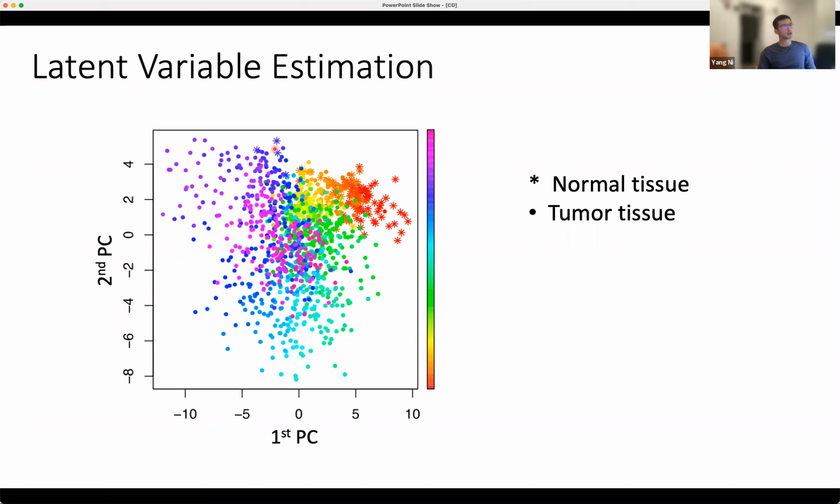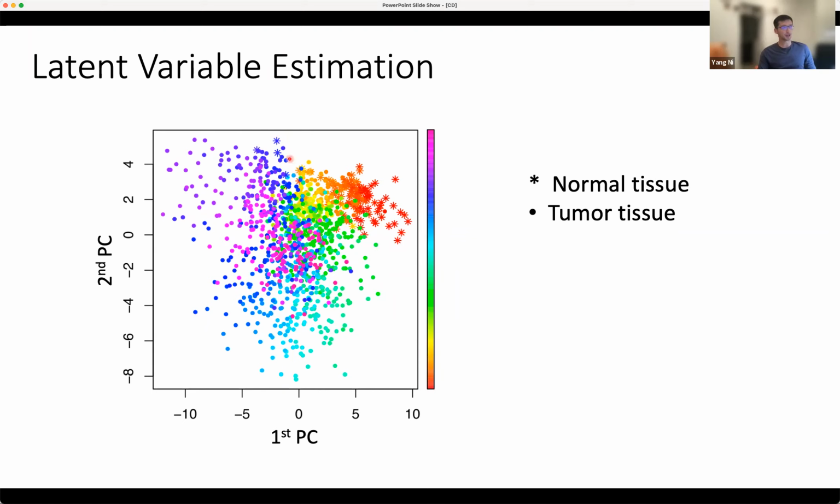And I overlay a marker shape, using a star to denote normal tissue and dots to denote tumor tissue. Again, this information was not used during the model fitting stage. What surprised us is that basically all the stars have red and yellow colors, meaning they have very similar latent variables.